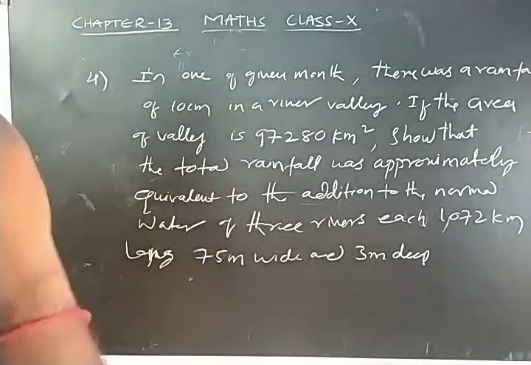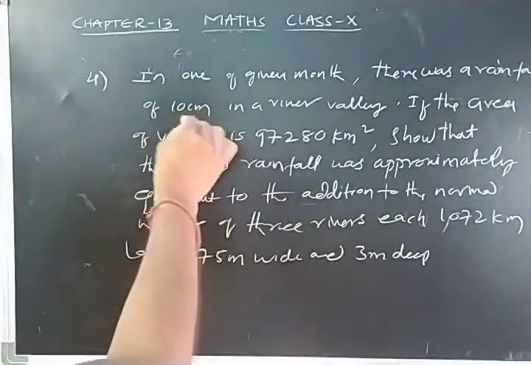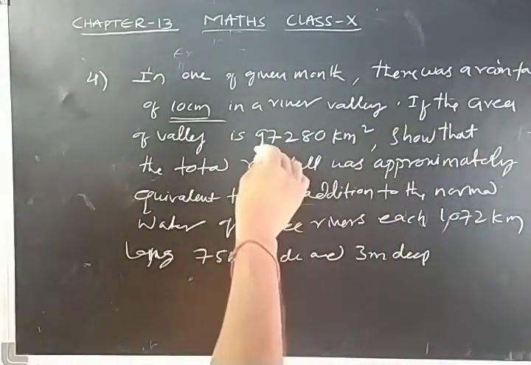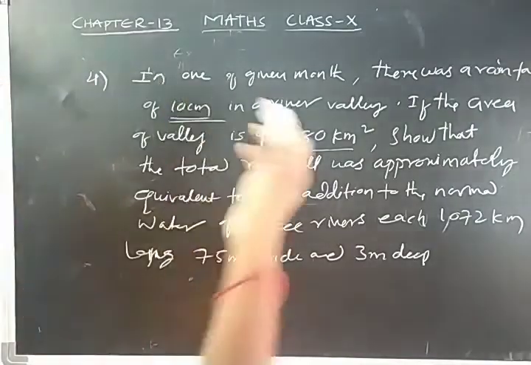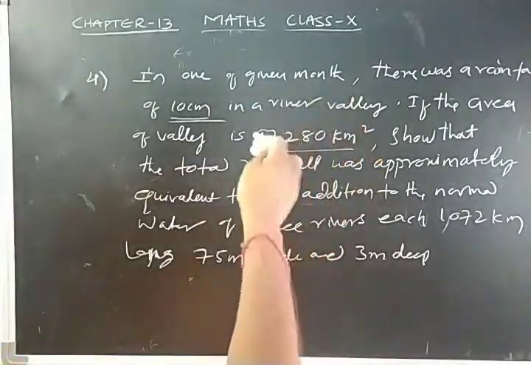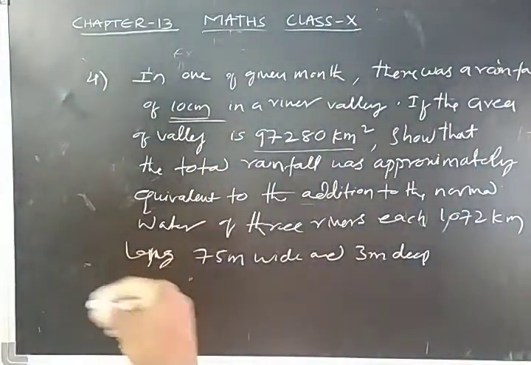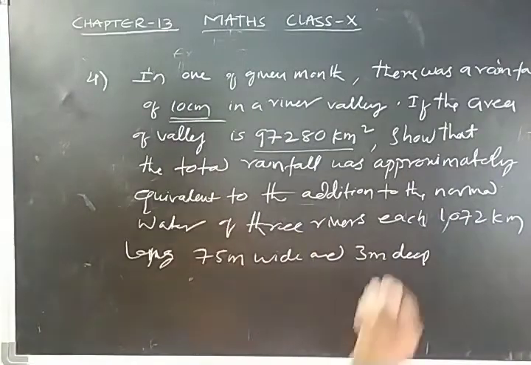In a given month, there was a rainfall of 10 centimeters in a river valley. The area of the valley is 97,280 kilometers square.